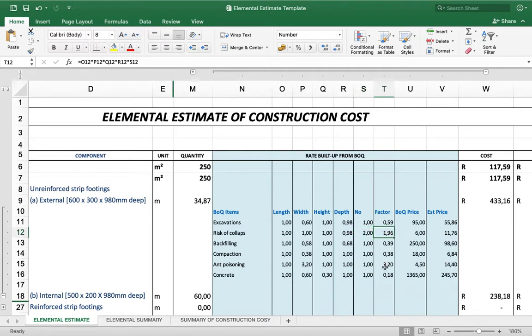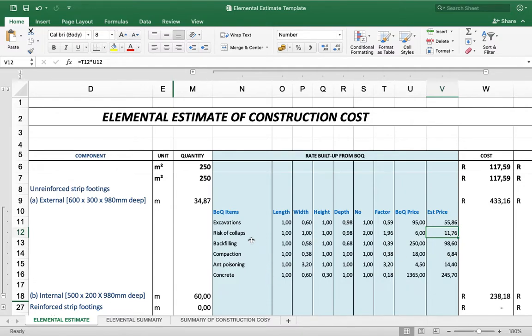So my factor would be 1.96 square meters per meter, and multiply by 6 Rand per square meter. So my rate per 1 meter of unreinforced footings, my rate for risk of collapse would be 11 Rand 76.